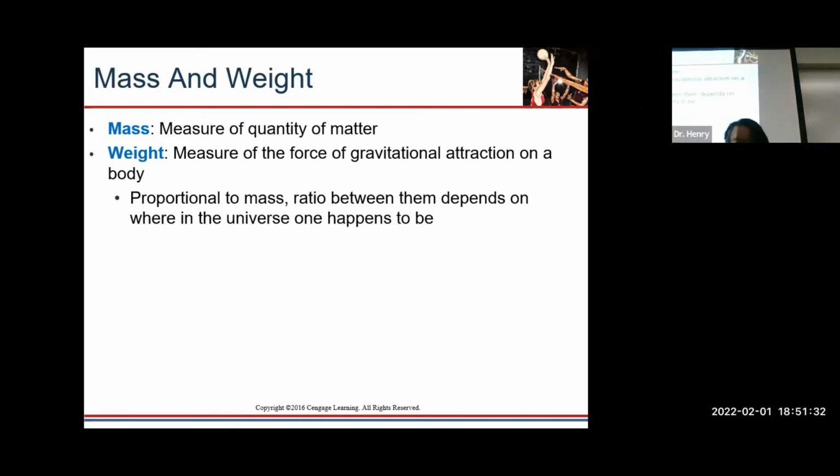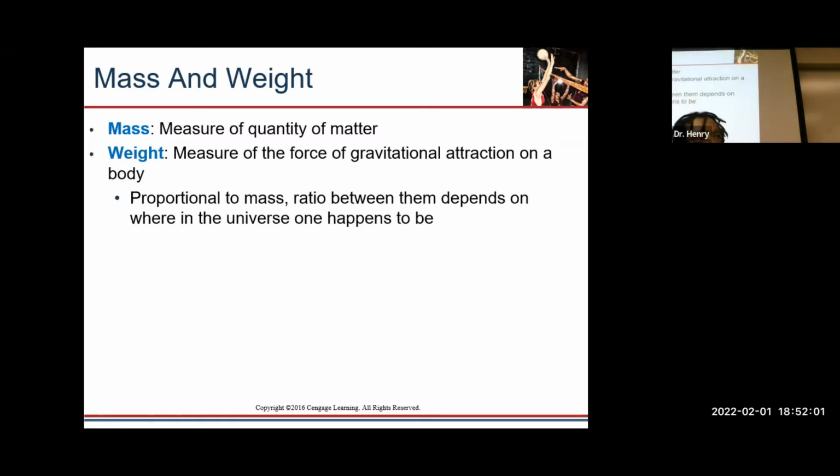Okay, so some other things that I want you guys to keep in mind. Mass is going to be a quantity of matter, so we can measure mass. Now weight is going to be dependent on gravity. So mass and weight are different. I weigh 220 pounds.